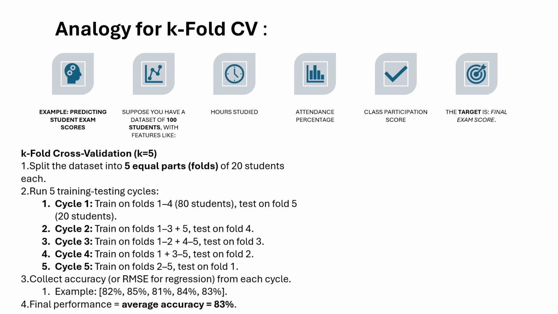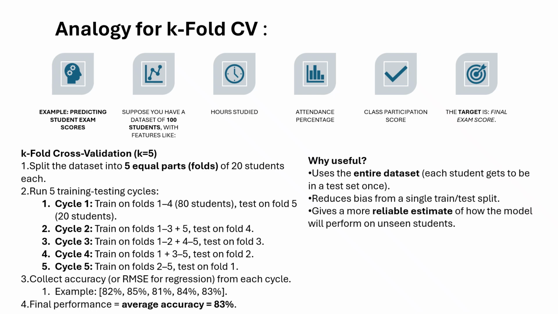At the end, we collect accuracy scores from all cycles, like 82%, 85%, 81%, 84%, and 83%, and then compute the average, which here is 83%. This average represents the final model performance.